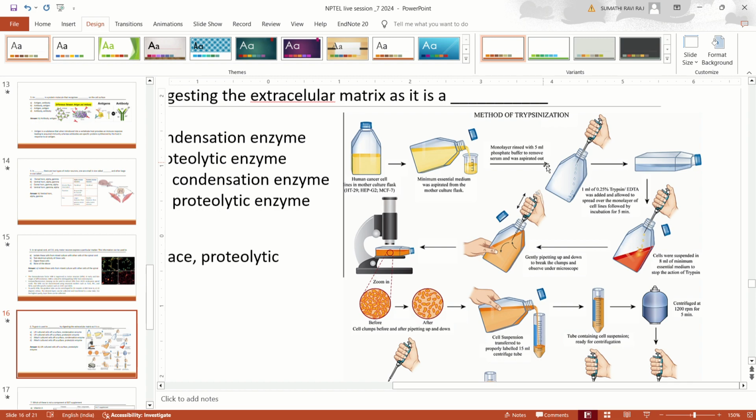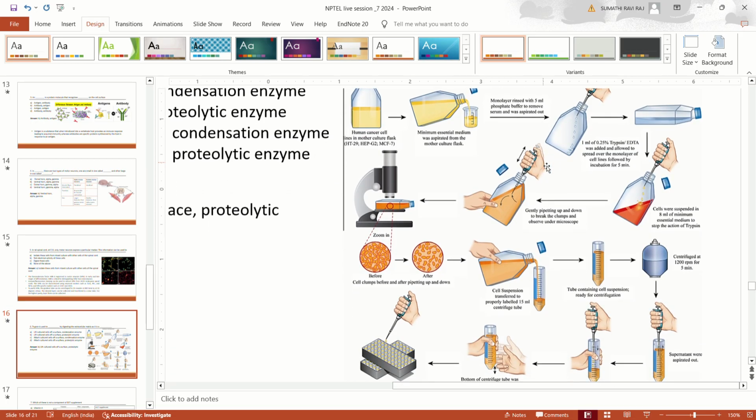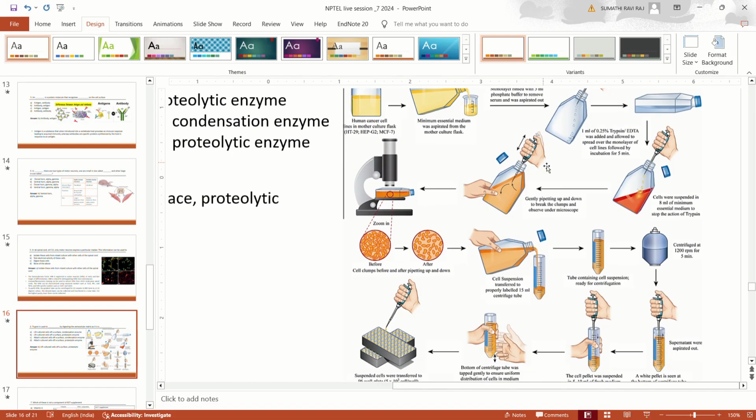After that, the cell suspension is transferred into another tube, and then it is centrifuged for 5 minutes at around 1000 to 1200 rpm.